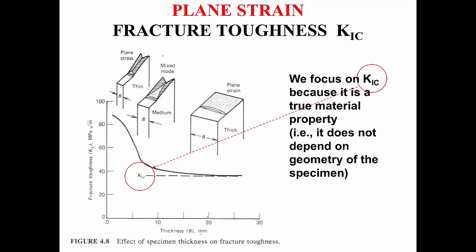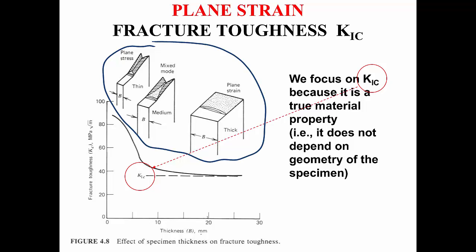So this variation of the fracture toughness with thickness can be seen also here in this diagram, where we plot the fracture toughness versus the thickness of the material. And on top of the diagram, you see the exact modes of failure of the different specimens.